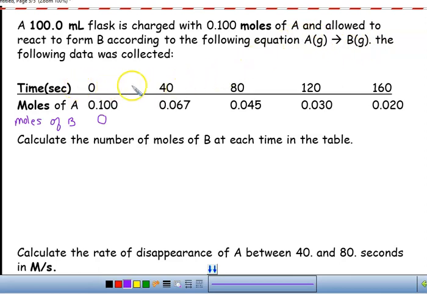So we've got seconds, and now 40 seconds has gone by. How much? Well, if we started out with 0.1, we need to always keep 0.1 in there. So this would be 0.033, because that's going to equal 0.1.